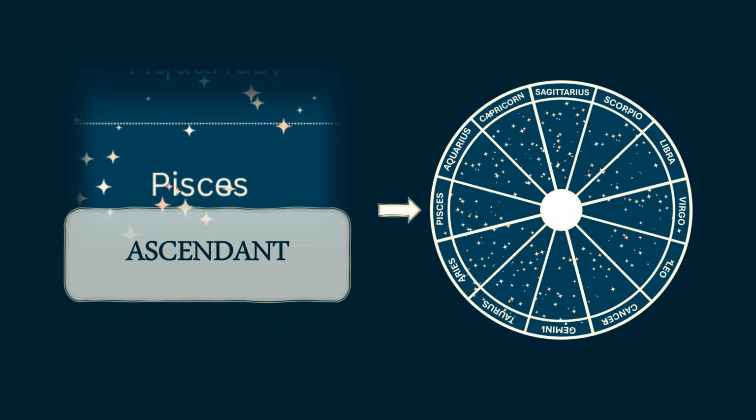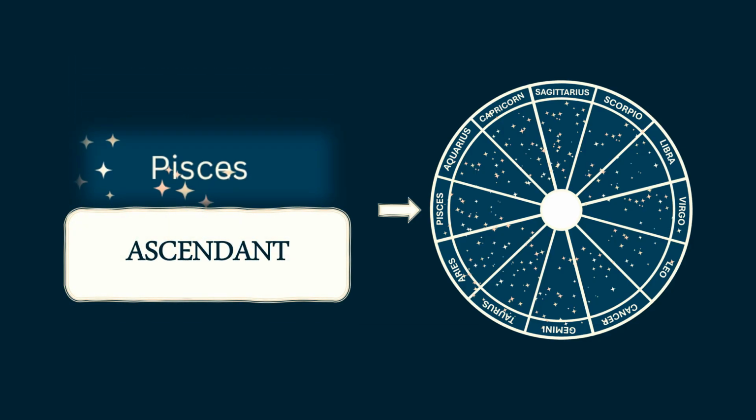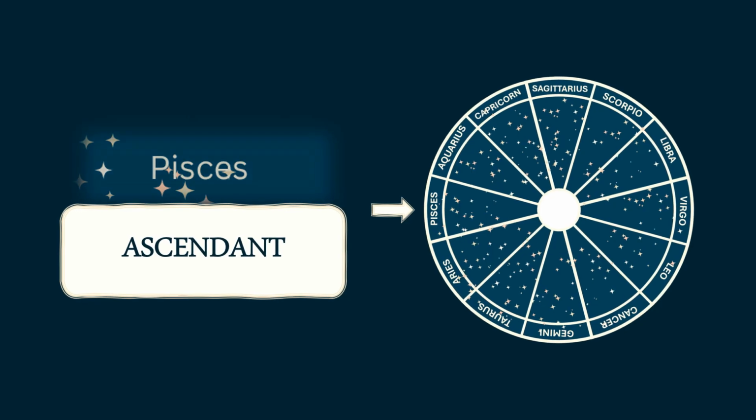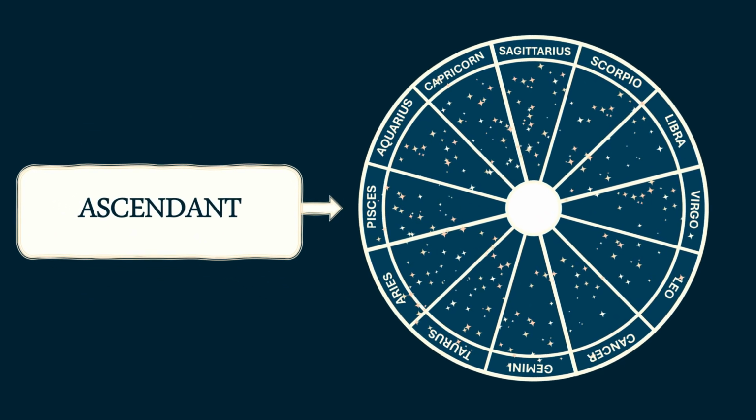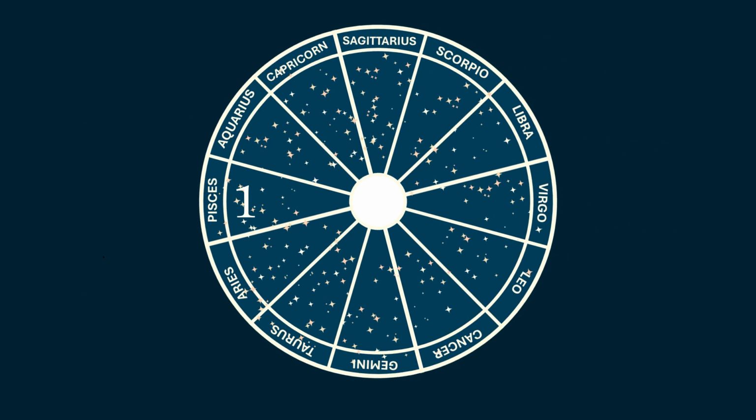At the time of someone's birth, the sign rising over the eastern horizon becomes someone's ascendant. It will be the first house in whole sign house astrology and is meant to resemble the person to which the natal chart belongs, their personality, and the way they move through life.